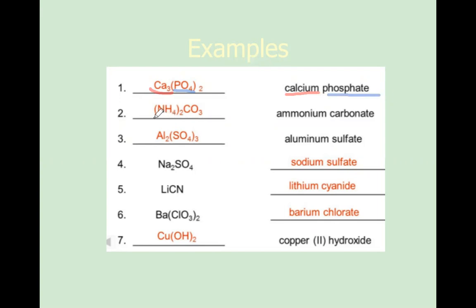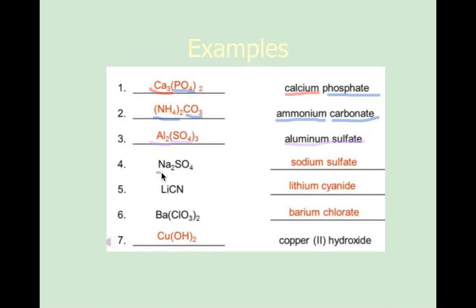Then second example, NH4. That is ammonium. See the list. Then carbonate. CO3 is carbonate. Okay, so let me go over the other examples too. First name aluminum. SO4 stands for sulfate. So put them together, aluminum sulfate.